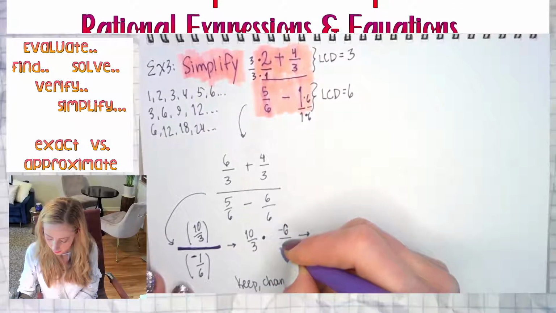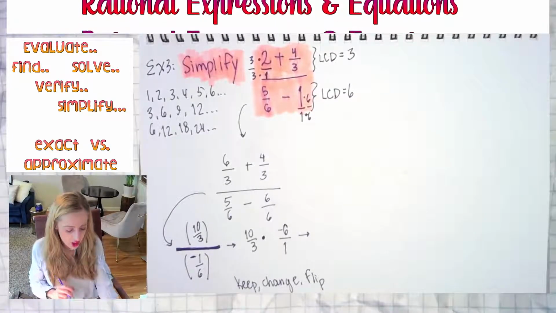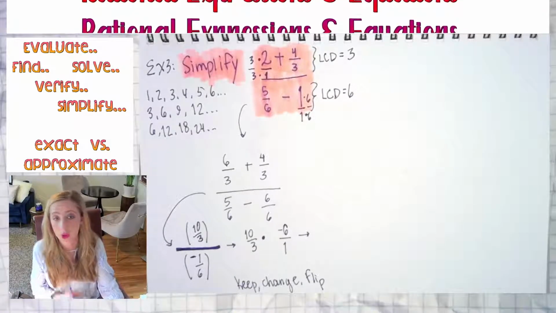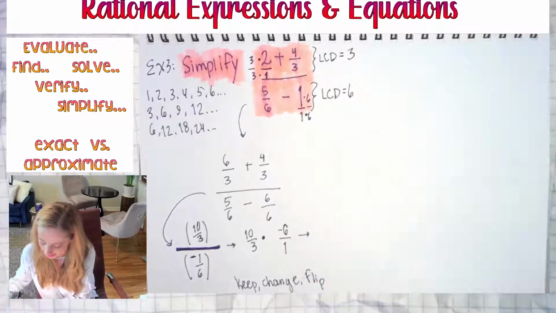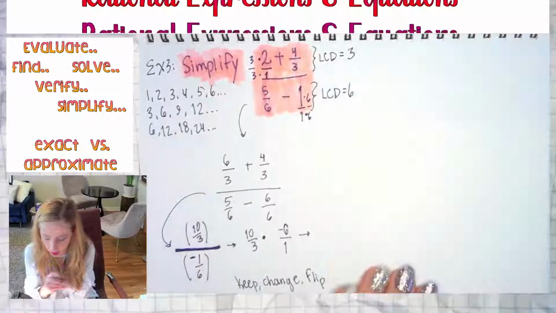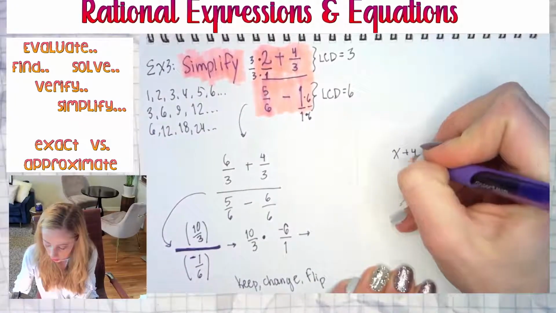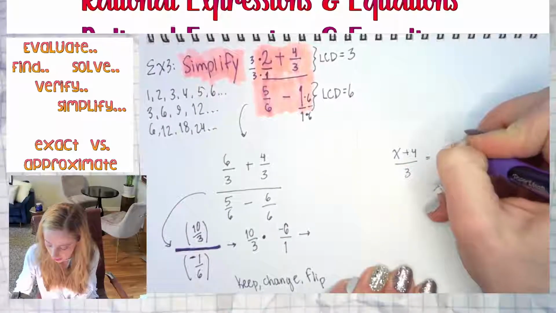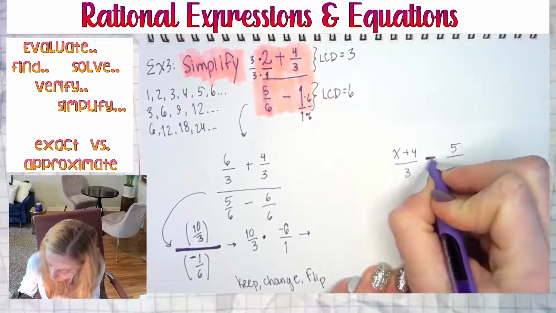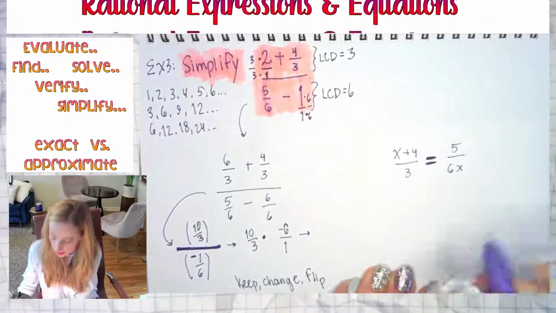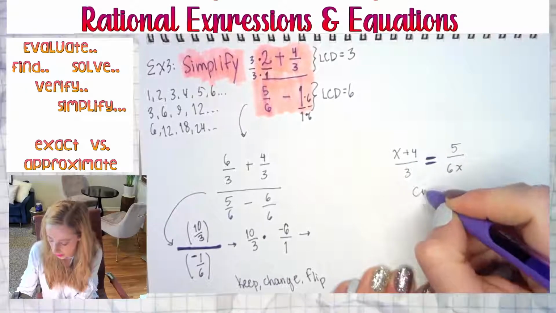Cross multiply. Okay, everyone loves that phrase, cross multiply. The issue with that is, I'm going to show you what cross multiply is. That's why I try not to use that phrase myself, because I feel like it creates a bad environment. If you had x plus 4 over 3 equals 5 over 6x, if you have that equal sign in the middle, then what you might do in the next step, people would say you cross multiply.